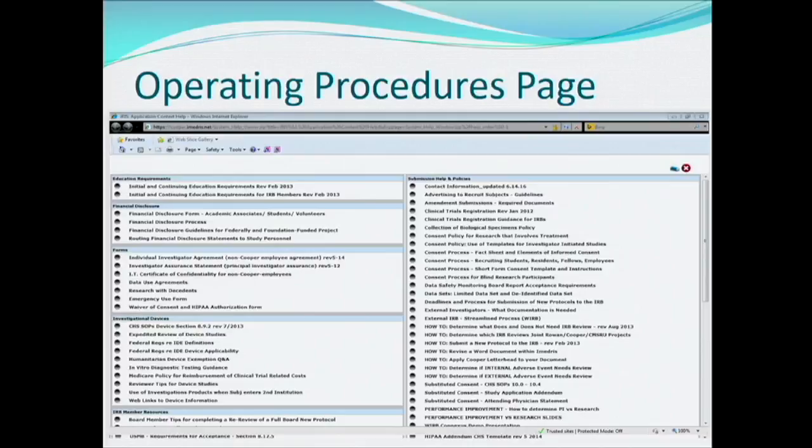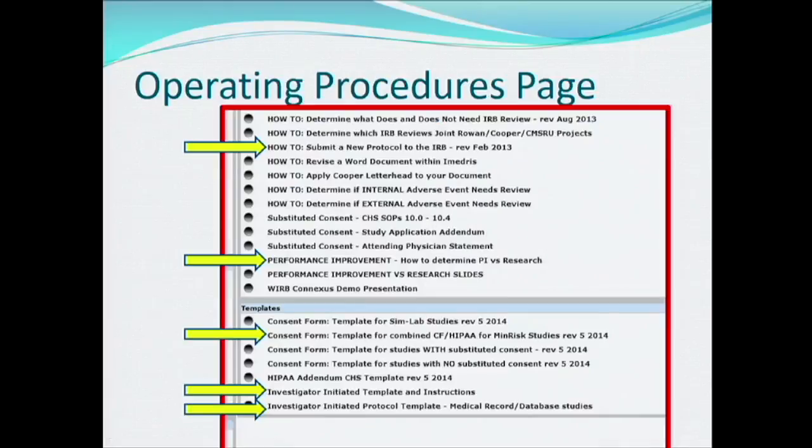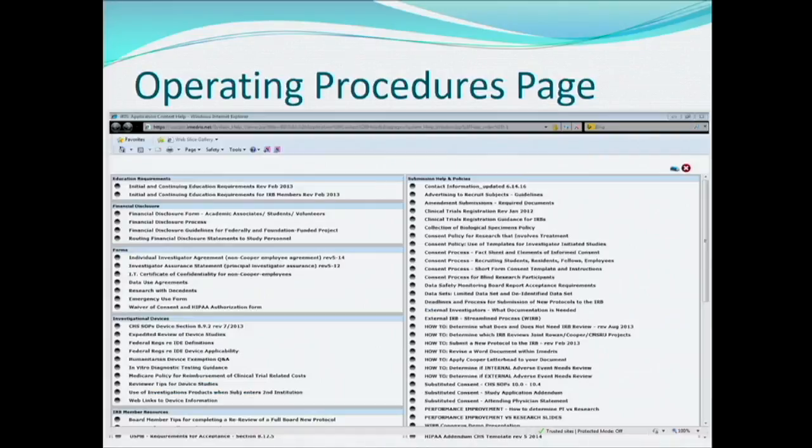While there is a lot of information here, there are certain resources that we encourage people to utilize the most. I broke this down from this larger screen, and most of the pieces you can use are down here and even lower.